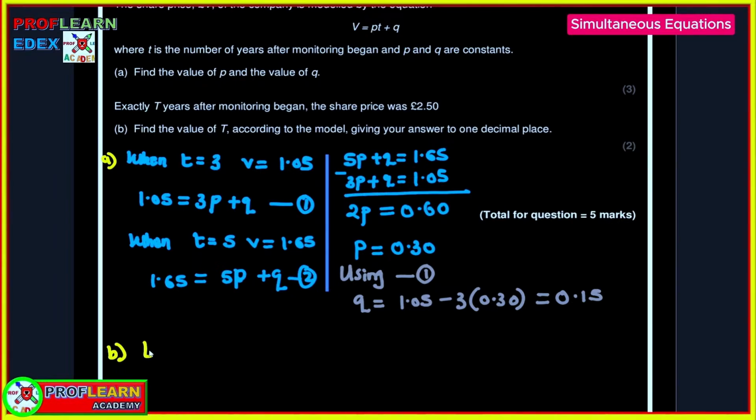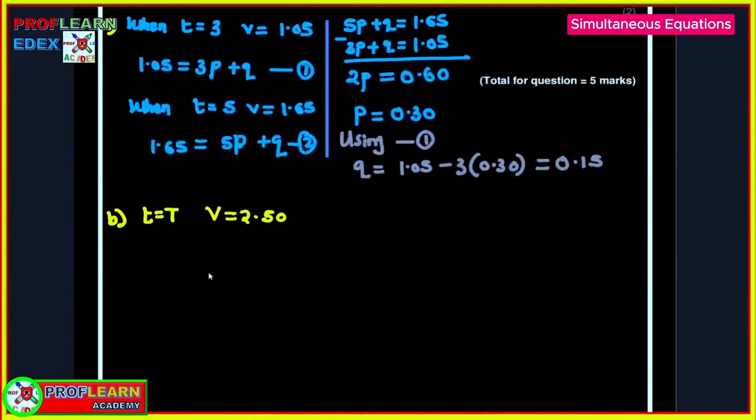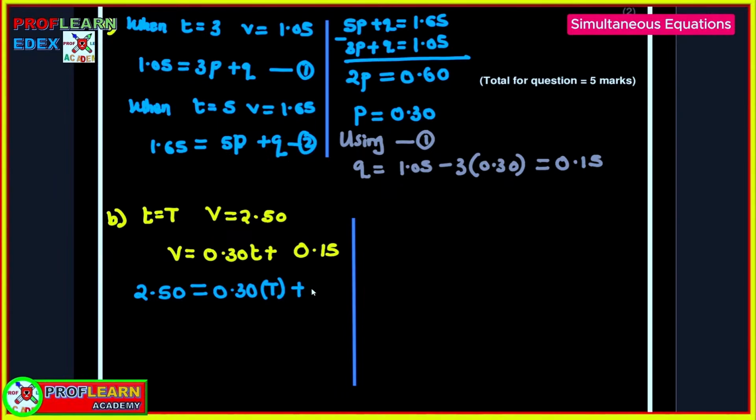For B, we are supposed to find the value of t according to the model when the price was 2.5. So of course we know the values of the constants, then we can find what t is. Remember, t is time. Then if we substitute the values into that, we can make t the subject of the formula, dividing by 0.3 on both sides.